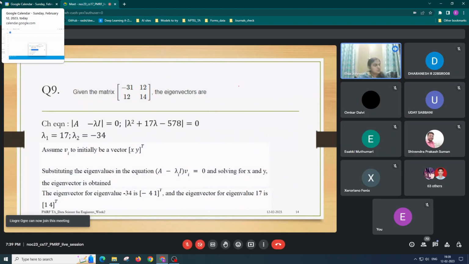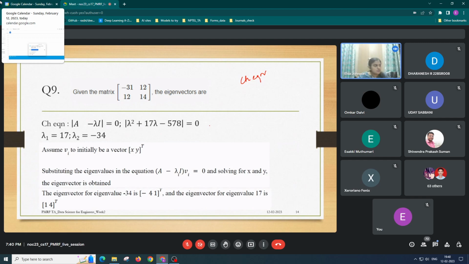First you have to find the characteristic equation. The characteristic equation is determinant of A minus lambda I equal to 0. If you solve that, it comes in this form.